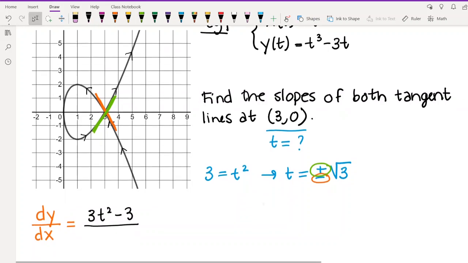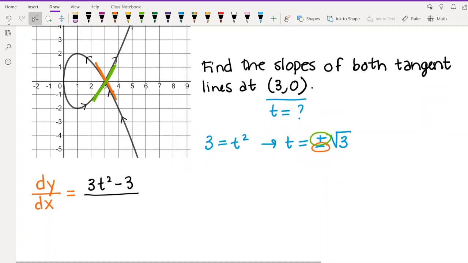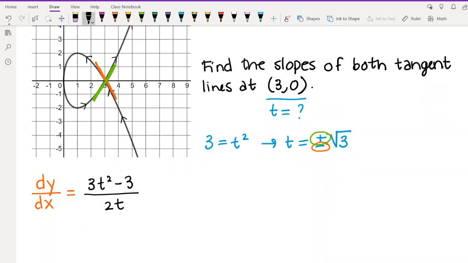And our denominator is going to be dx dt, which is just 2t. So that's our general formula, but now we want to plug in negative square root of 3 for t. So this is going to give us 3 times negative square root of 3 squared minus 3 over 2 times negative square root of 3.